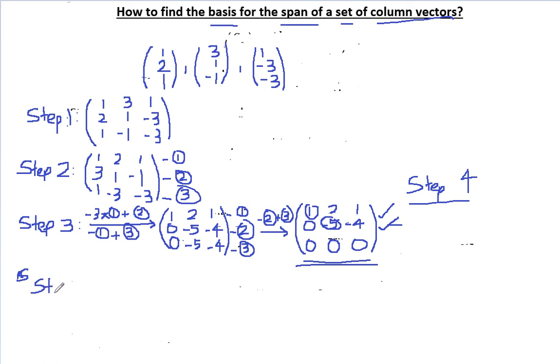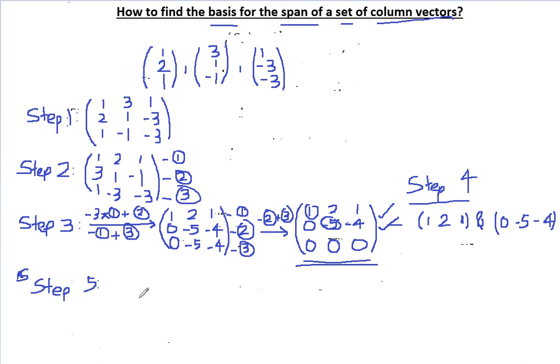Turn those rows into columns. Step 5: the rows are first 1, 2, 1 and 0, minus 5, minus 4.